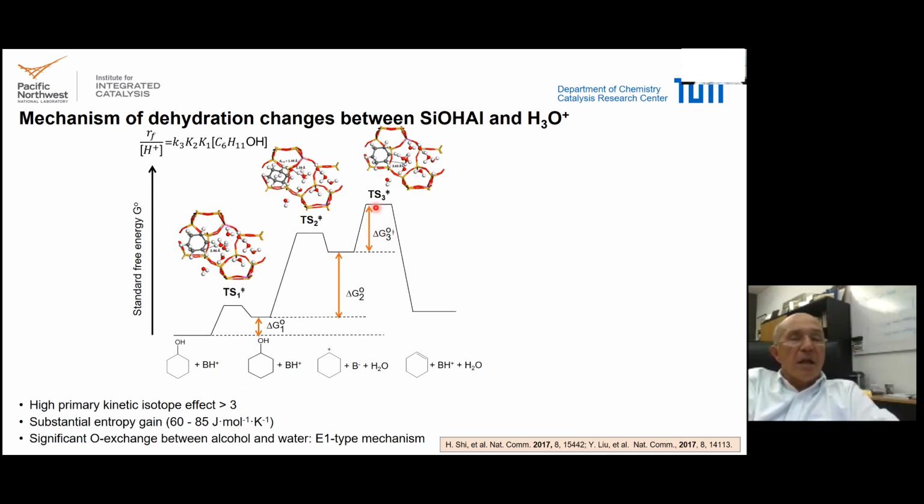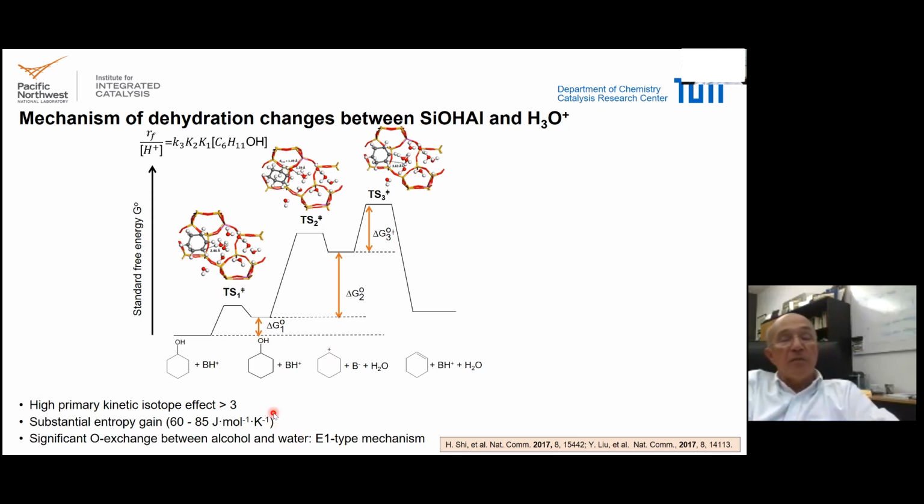And that means that the last step that we are having, the donation of the proton back to the water cluster, is involved in the rate determining step. We also see that we do have a significant oxygen exchange between alcohol and water, and that teaches us that we do indeed have an E1 type mechanism, so that we are breaking and reforming the OH group. And we do have a substantial entropy gain.